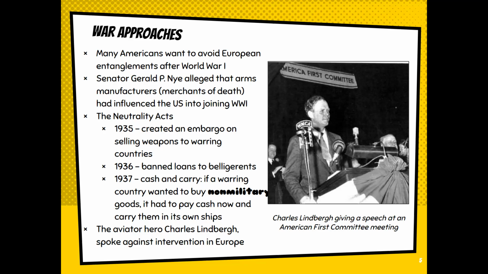So this would really prevent the United States from being put in that same situation where we might get our ships blown up. So this is really done as a method to keep out of war, at least keep out of war like we did in World War I.